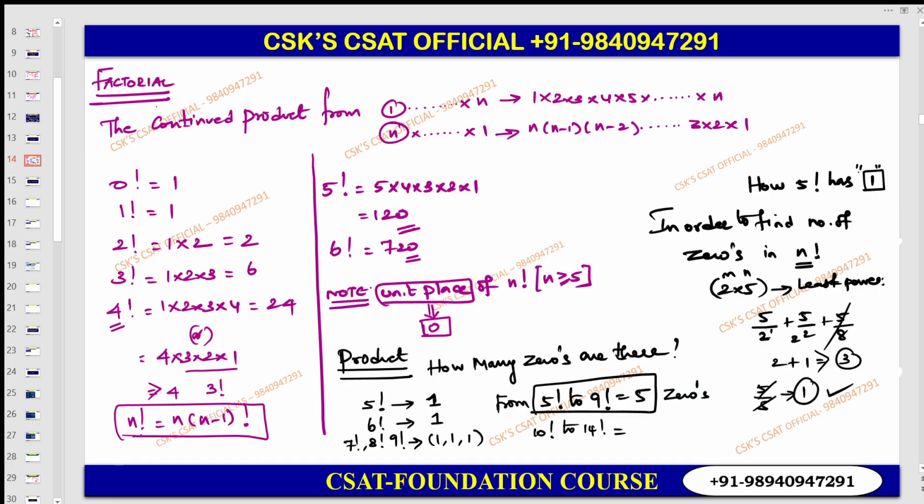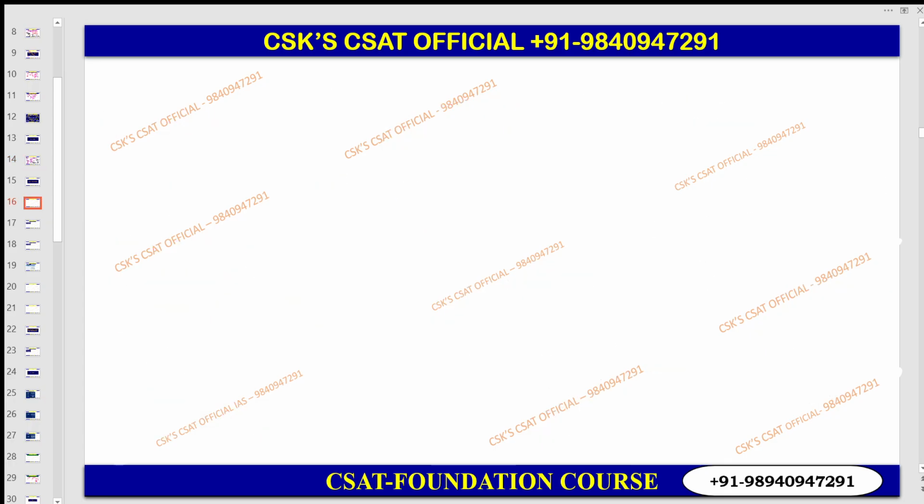Guys, understanding? 5 factorial has only 1 zero. Likewise 6 factorial, 7 factorial, 8 factorial, and then 9 factorial. Likewise you have to move forward to find it for the 10 factorial. How many zeros are there? You can see 10 by 2 is 5, then 5 by 2.